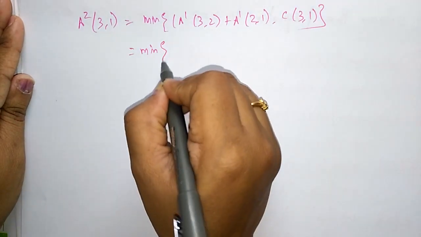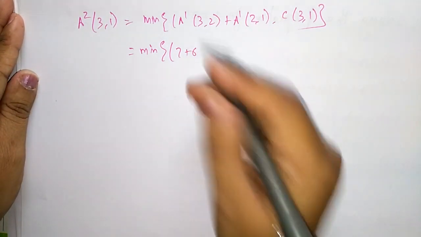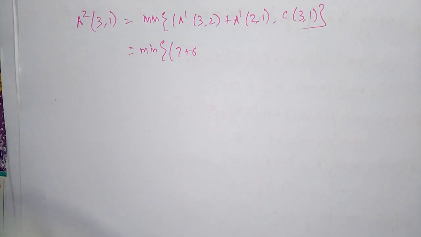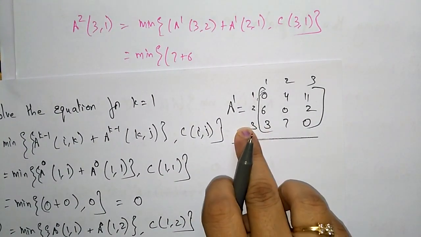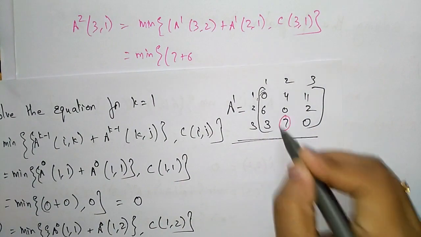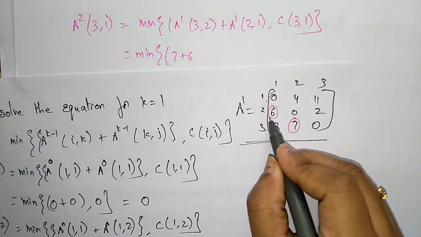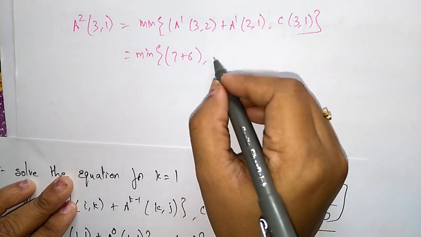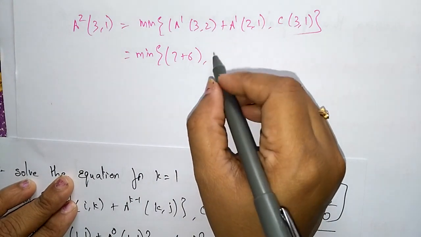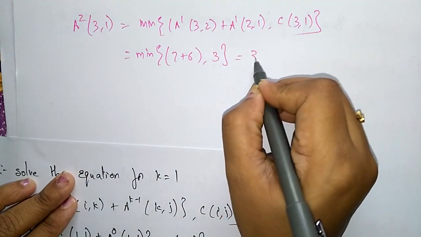From this we'll get 7 plus 6, by checking the previous A1. For 3 comma 2, third row and second column, the value is 7, so just write the 7, and A of 2 comma 1 is 6 here, so 7 plus 6, comma the cost of visiting 3 comma 1 is 3. So from this the minimum value is 3.